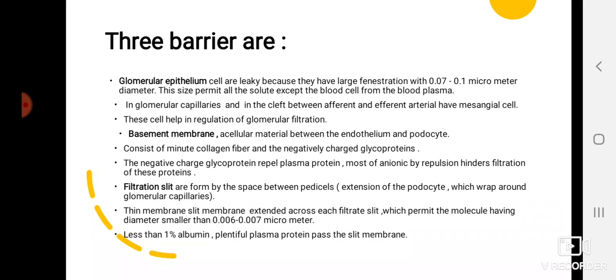Next, the second barrier is the basement membrane.